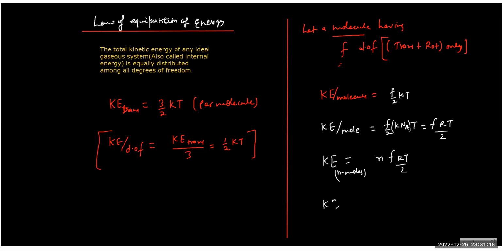So it really looks nice. Now we have a generalized formula of kinetic energy, which takes care of all types. This K is the KE translation plus KE rotation, and the sum is F/2 nRT. Why am I writing it like this? Because from the ideal gas equation, we can replace nRT by PV. So now you know the general formula for the kinetic energy is F/2 PV or F/2 nRT.